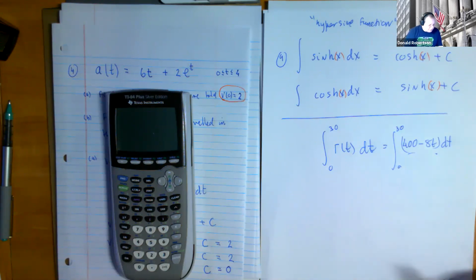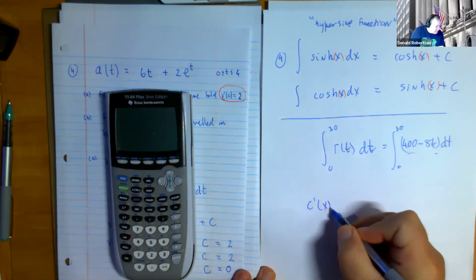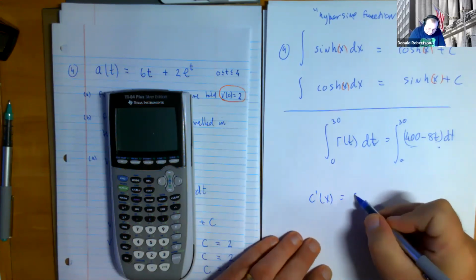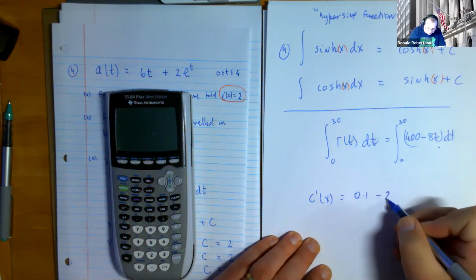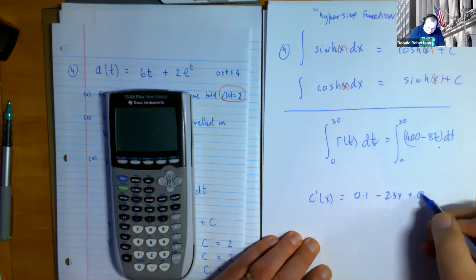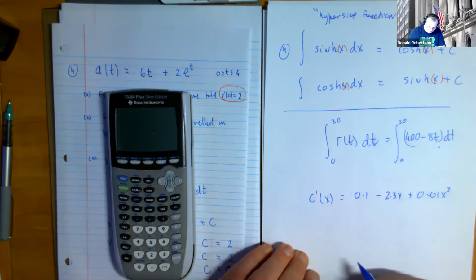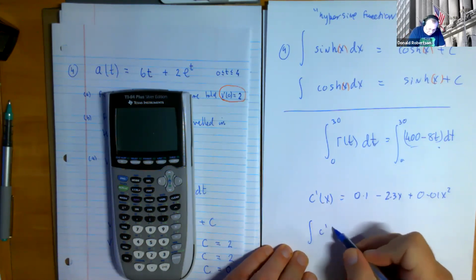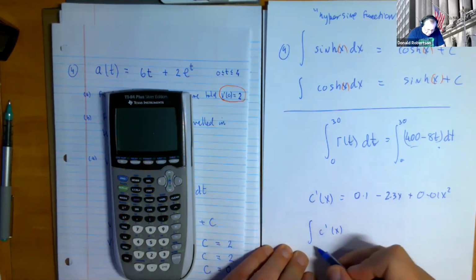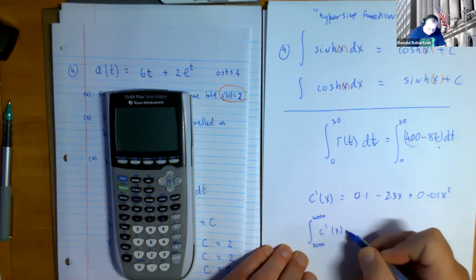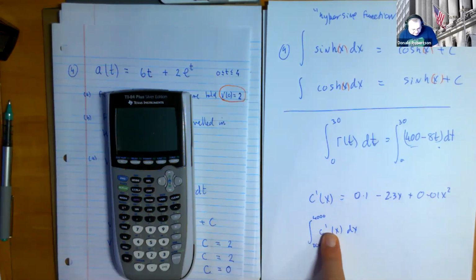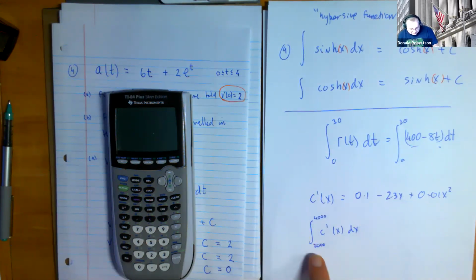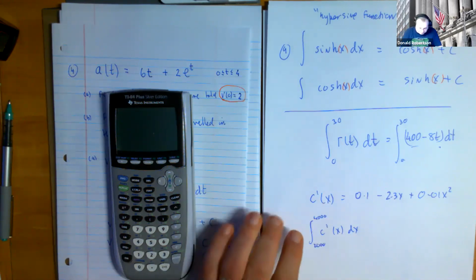Now, if I tell you that c dashed of x, and I'm just making this up, is 0.1 minus 2.3x plus 0.01x squared, and I want to know the production rate, or whatever they call it, but it's from 2000 to 4000, you just take whatever this is called and integrate it from 2000 to 4000.